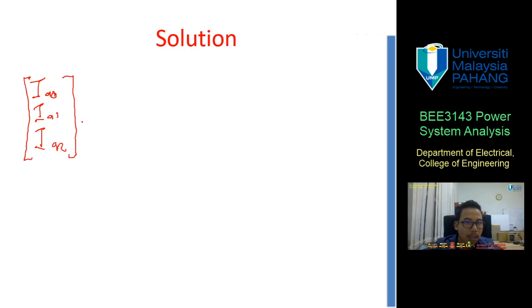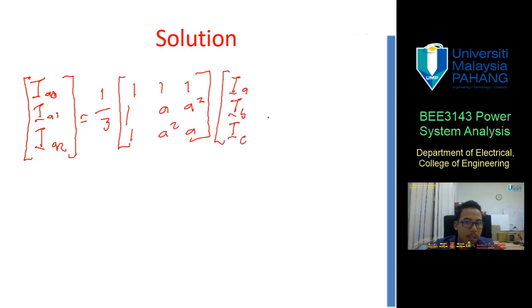Then we have the 1/3, then the matrix 1 1 1, 1 A A2, 1 A2 A, multiplying IA, IB and IC.